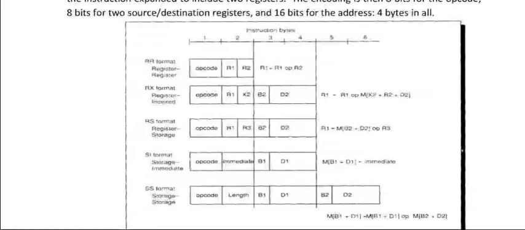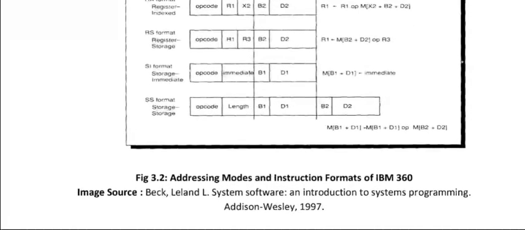Therefore the additional 4 bytes are B1 D1 and B2 D2. So this is about the 5 different formats which are supported by IBM 360 and also IBM 370. Now we will learn about each of these formats with an example each.